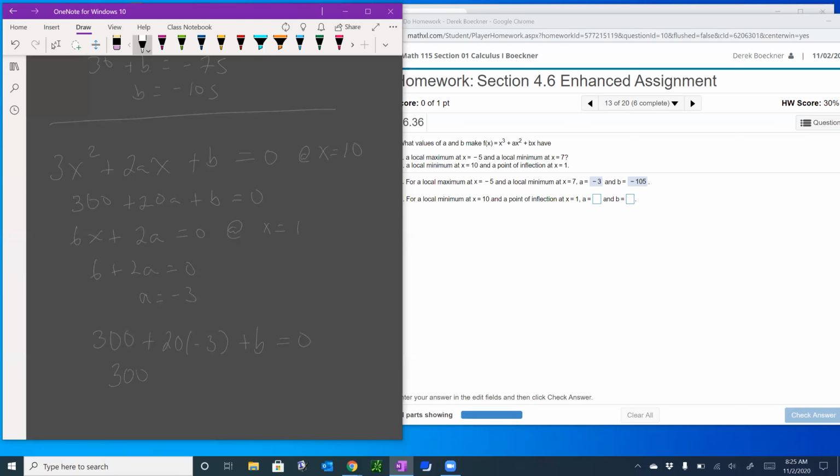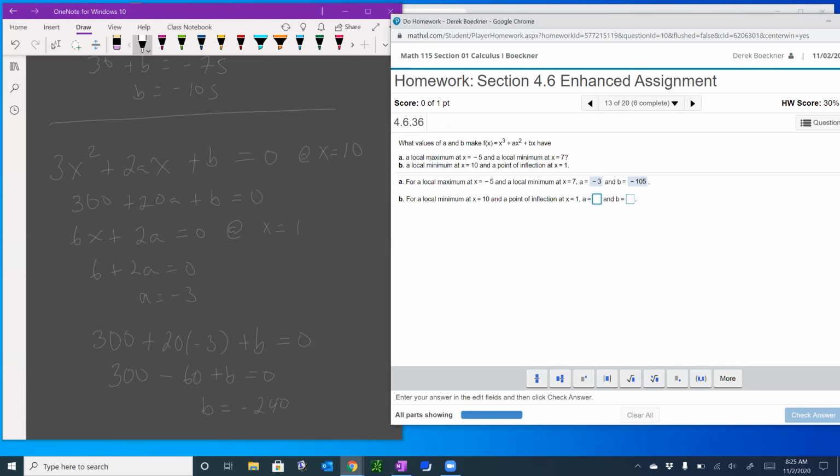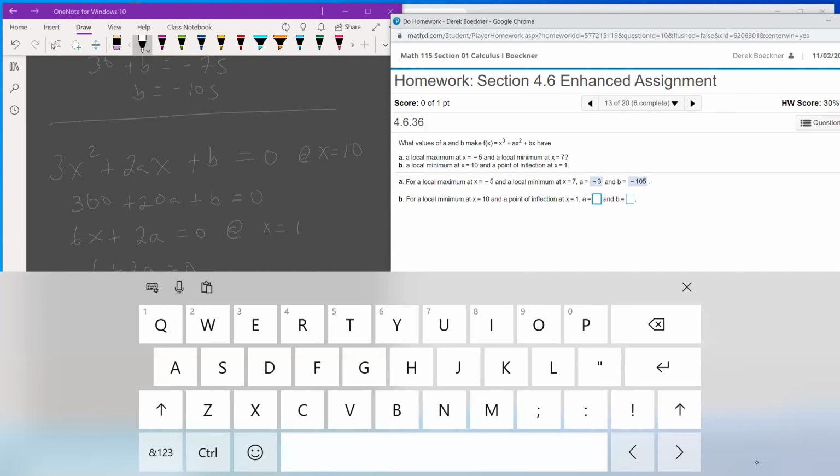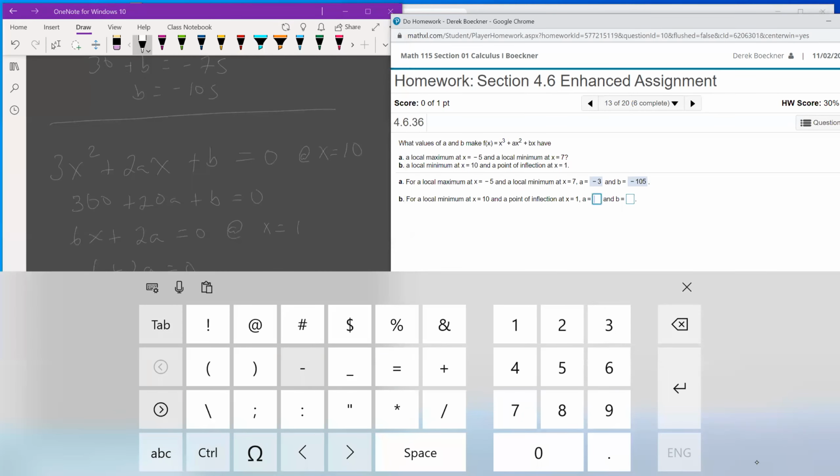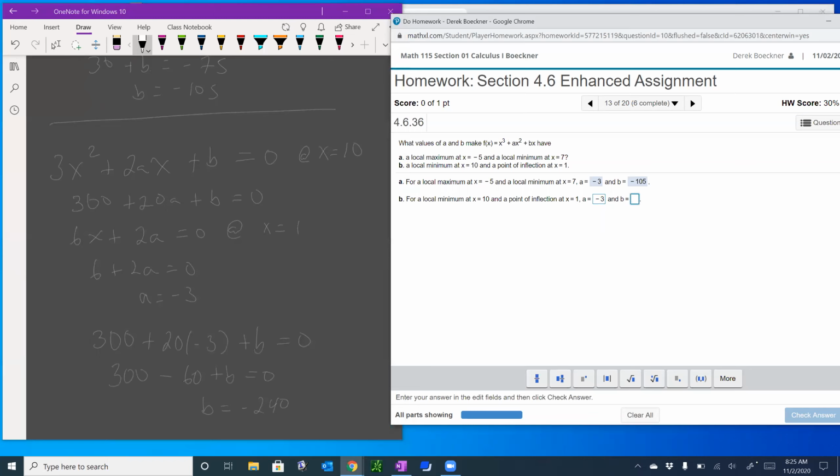So 300 minus 60 plus b equals 0. So b equals minus 240. So a is still minus 3. B is minus 240 this time.